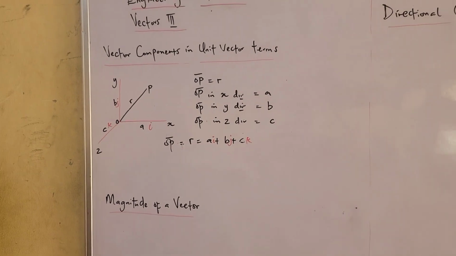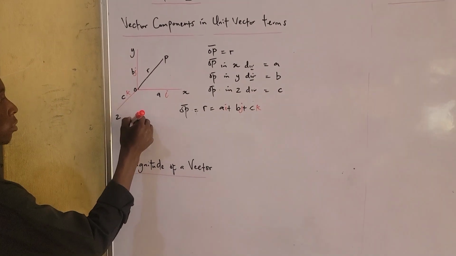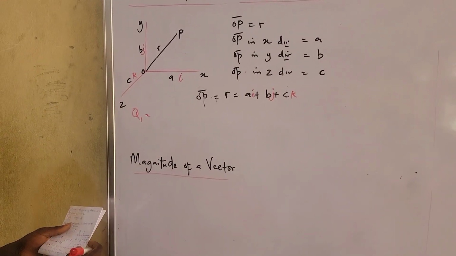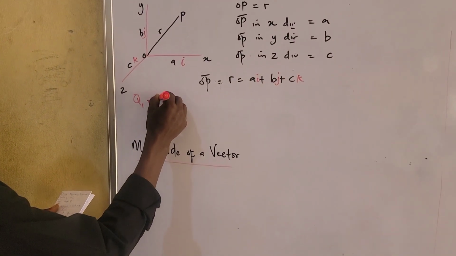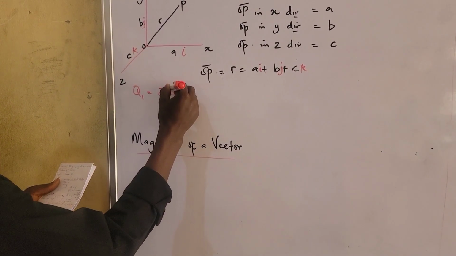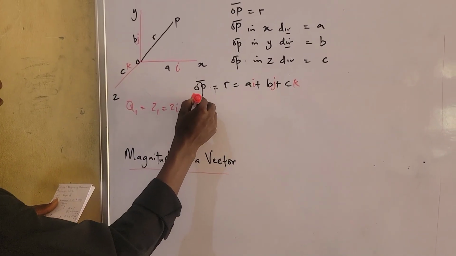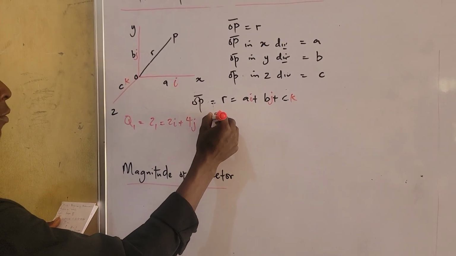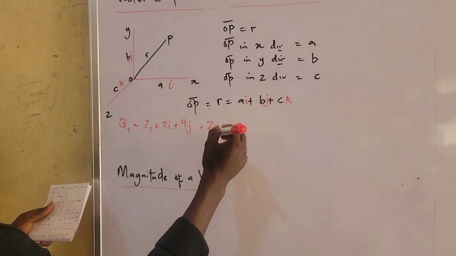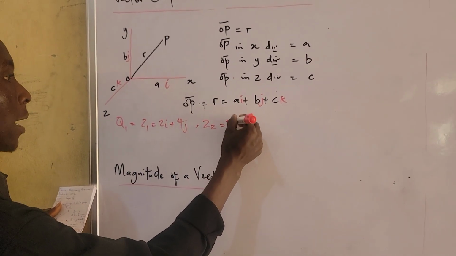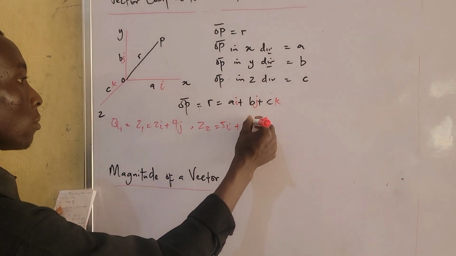So we are going to be taking a few examples. Let's say we have question 1. We have Z1 as 2i plus 4j, and we have Z2 as 5i plus 2j.